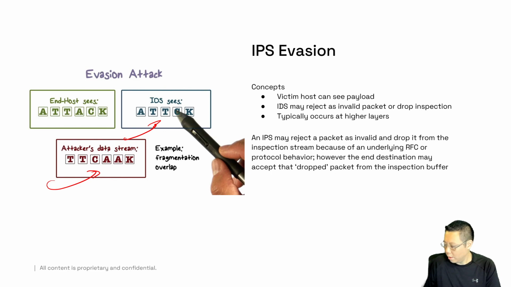So you may reject or drop the inspection because it's invalid to begin with, and it hopes that the end-host TCP/IP stack on the victim side will not see the actual A, right? Then you're actually seeing the C because you have a fragmentation overlap of A to C or C to A, depending on what you're looking for.